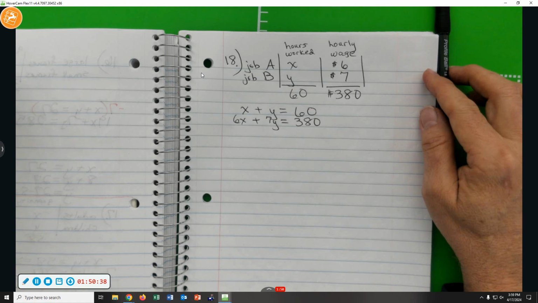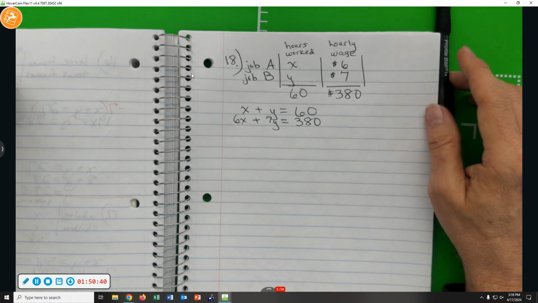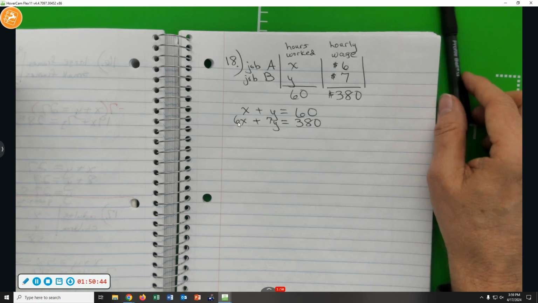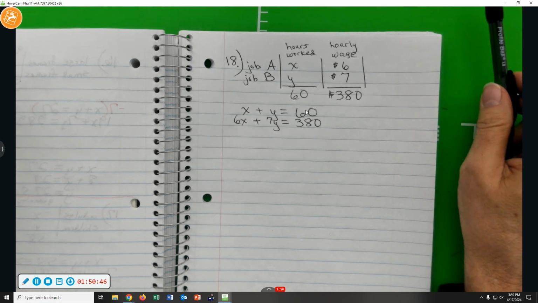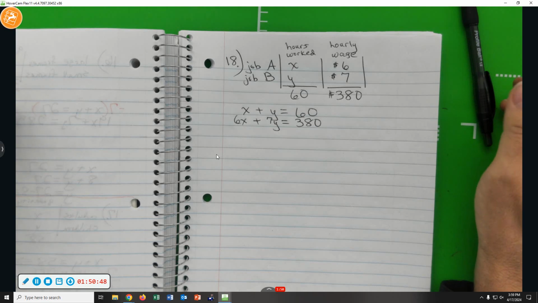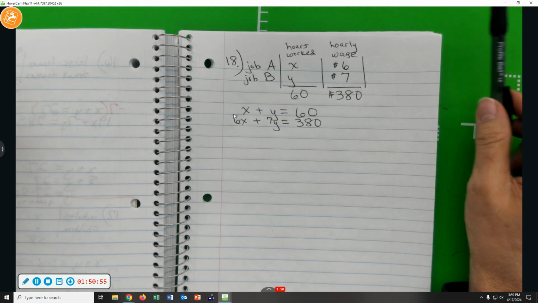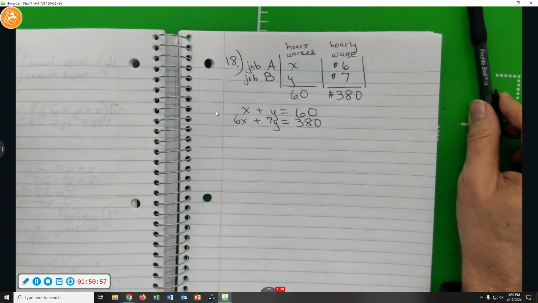But, okay. I'm going to use elimination. Which variable are you going to eliminate? Tell me which one you think would be marginally easier. Do we want to eliminate X or Y?